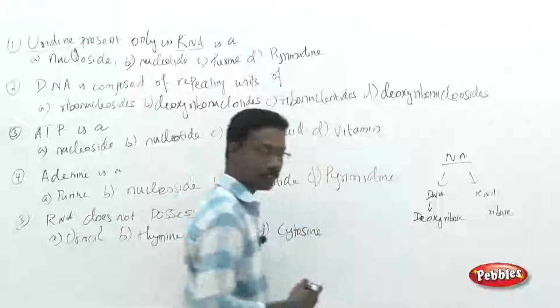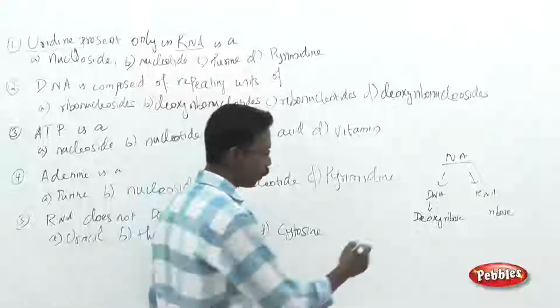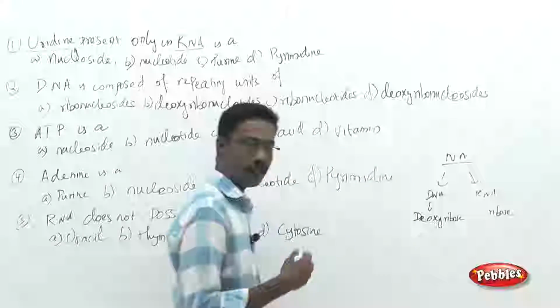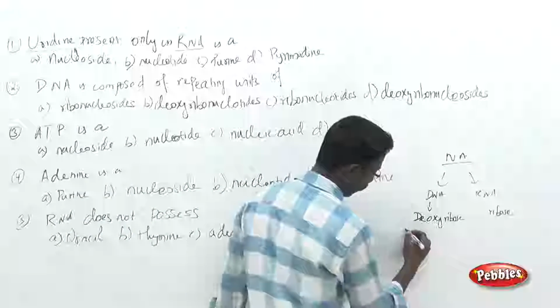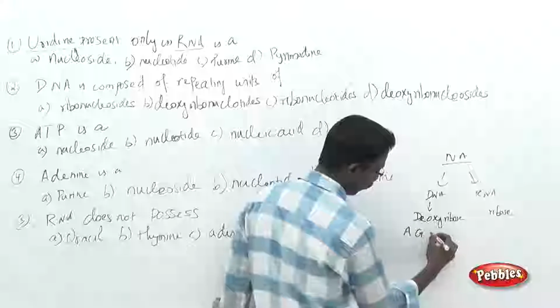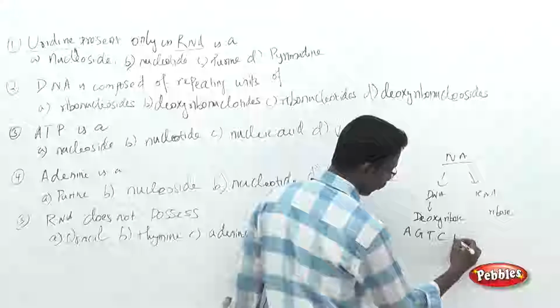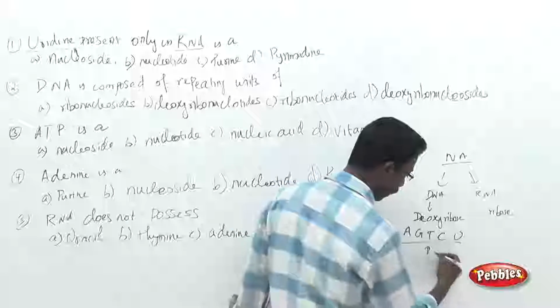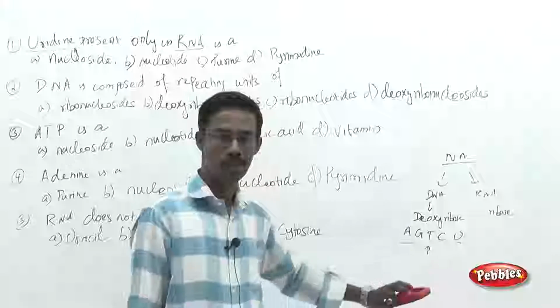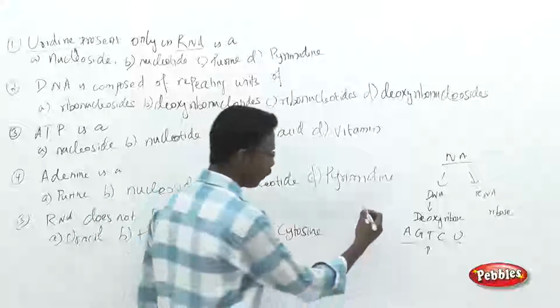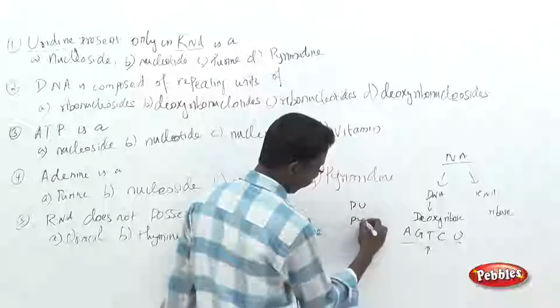Apart from this difference, one more major difference is that it is made up of nitrogenous bases: adenine, guanine, thymine, cytosine and uracil. We can classify these nitrogenous bases into two major classes: purines and pyrimidines.